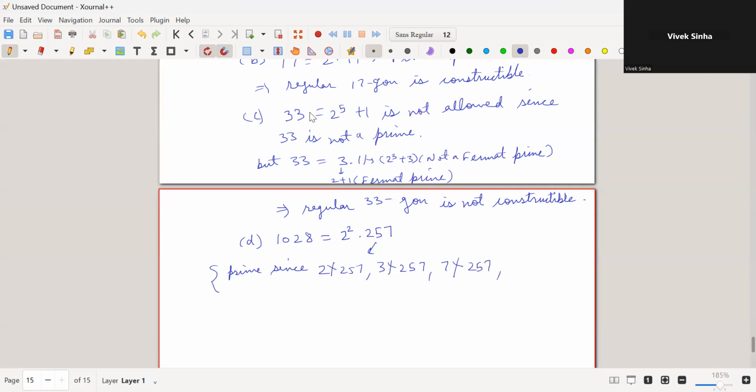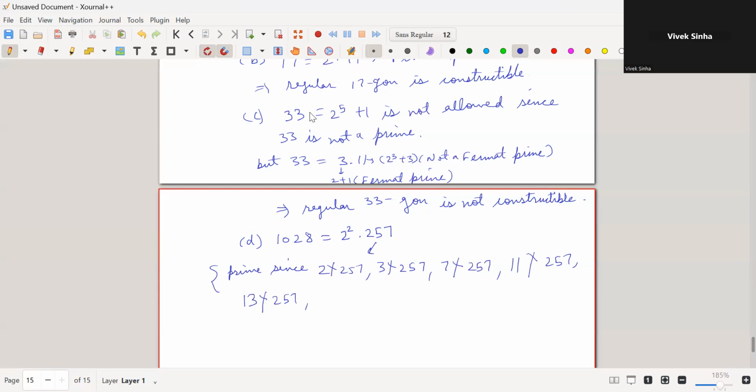Then the next prime is 11. For 11 we have the division, remainder is 15. If you divide by 13, you will get remainder 10.